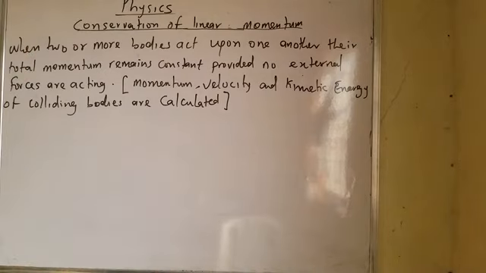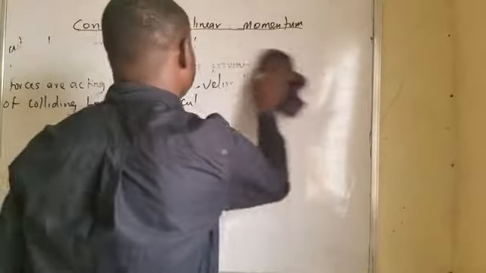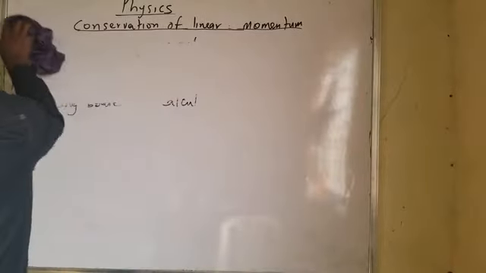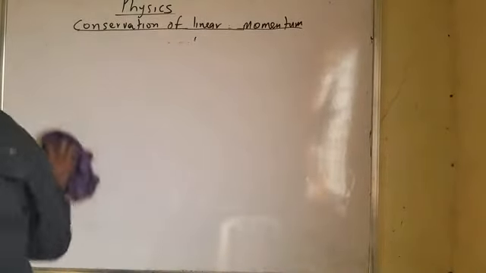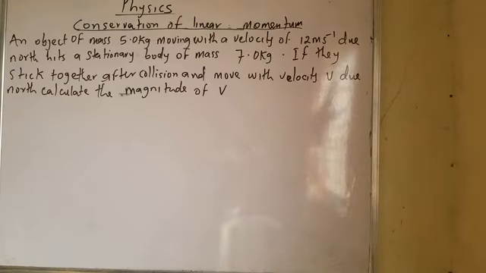Now, let me show one or two examples so that you will be able to see what I'm trying to explain here. Look at this problem. It was sent to me by one of my friends.